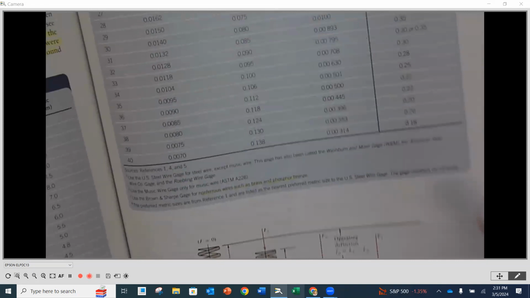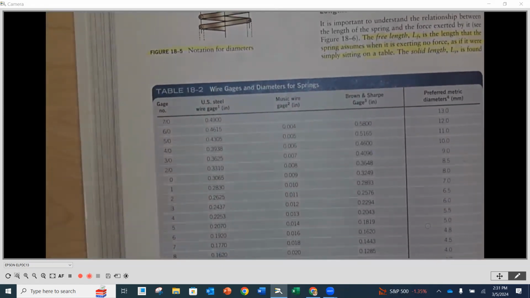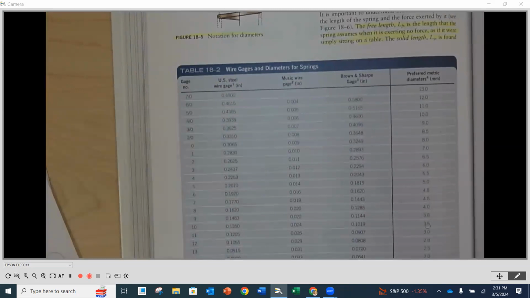So if we go back in the problem, it gave us the size of our wire was 0.059 diameter. They didn't tell us if it was music wire. They didn't tell us the kind of steel or anything like that. But if we look on table 18.2, which is the standard diameters for the wire in spring, there's a couple different columns here.